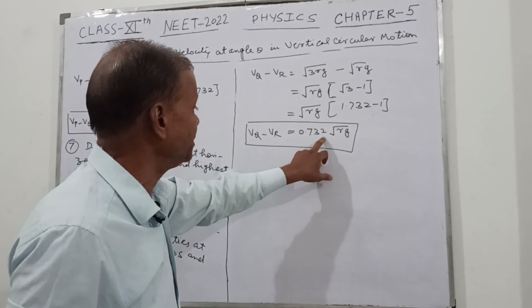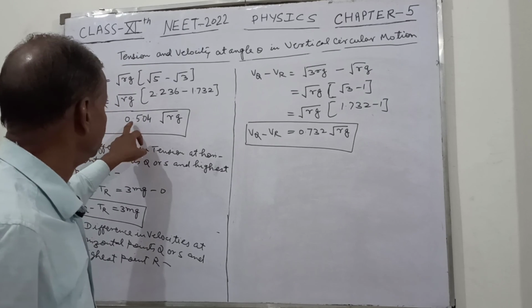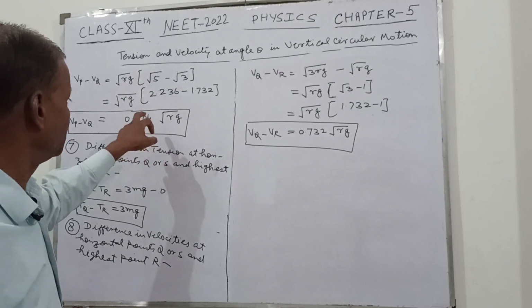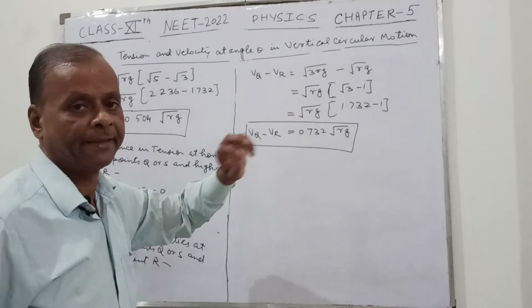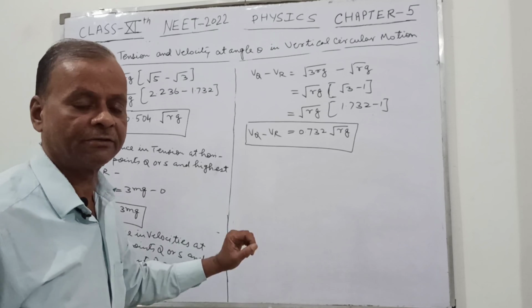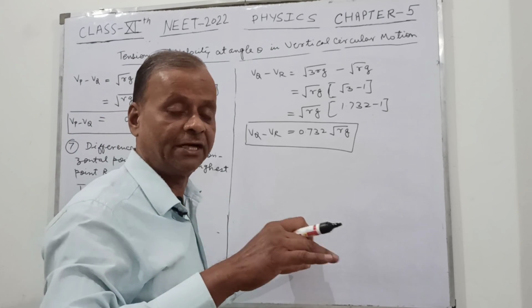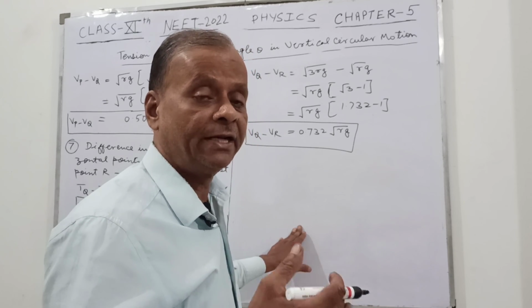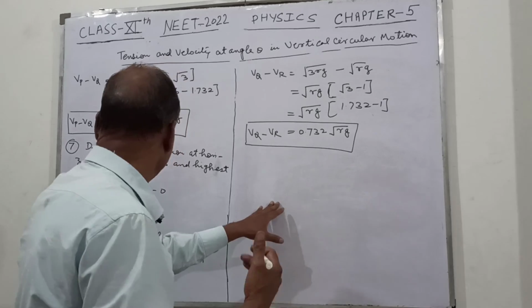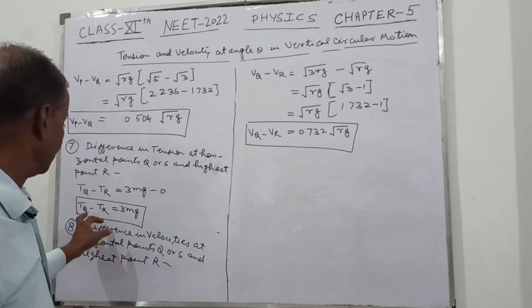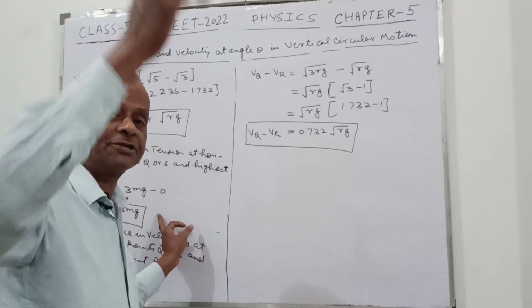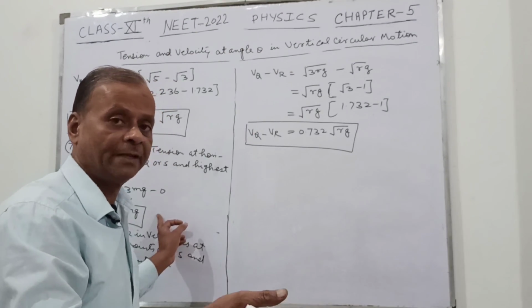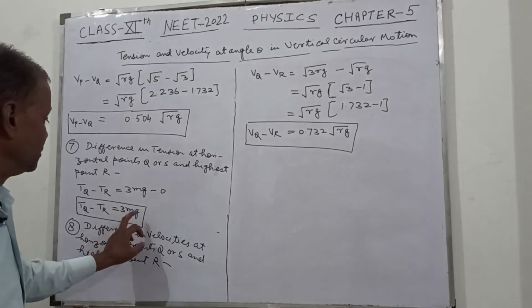This is 0.732, this is 0.504, so this velocity difference is less than this one. Similarly, the difference in tension at the lowest point and the horizontal point will be less in comparison to the difference in tension at the lowest point and the highest point. At lowest and highest point, the difference in tension is equal to 6 mg. There, the difference in tension is equal to 3 mg.